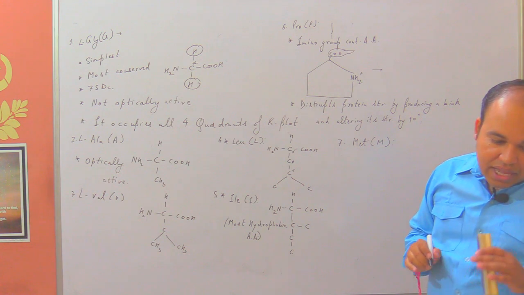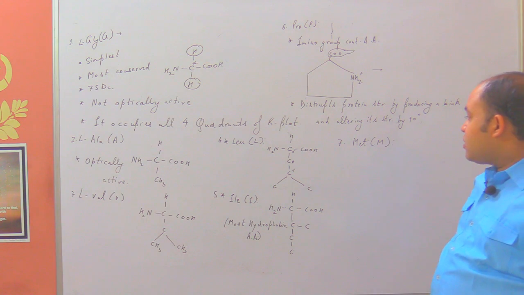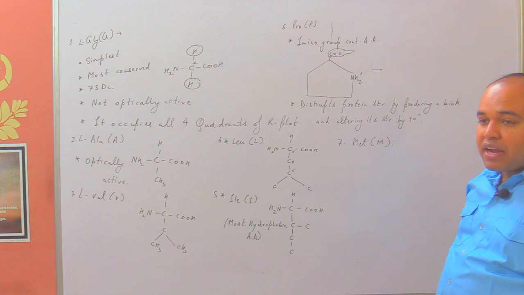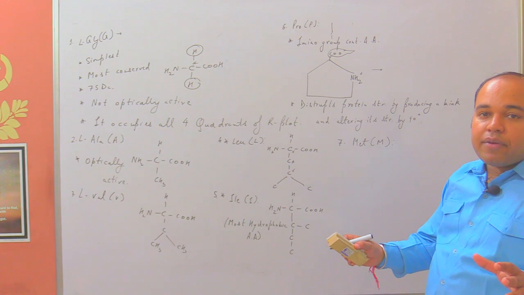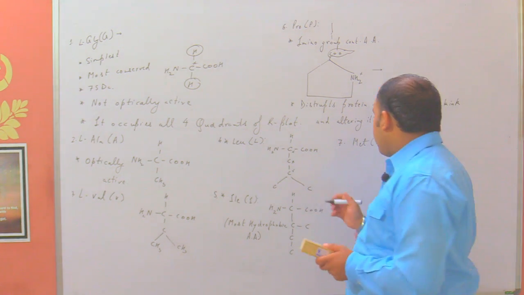Although it contains a thiol group within itself, this amino acid has the thiol group in such a manner that it won't be able to form disulfide linkages with another methionine. So how is it oriented?